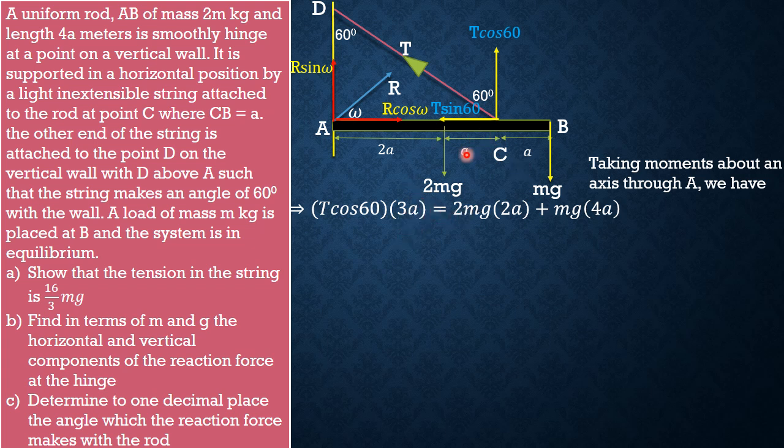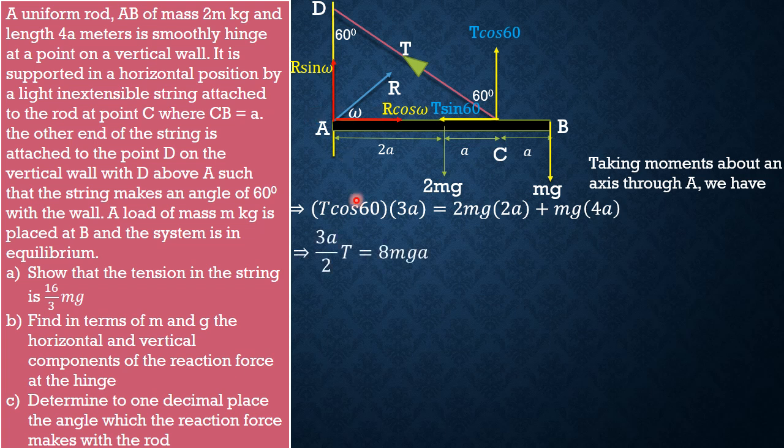That is equal to, now friends, the weight of the rod, which is 2mg, times the distance from the weight of the rod to the pivot, or the fulcrum, which is 2a, plus the mass that is placed at B, which is mg. The distance from this mass to the point where the rod rotates is 4a. Good. That's why we have it in this form, guys.